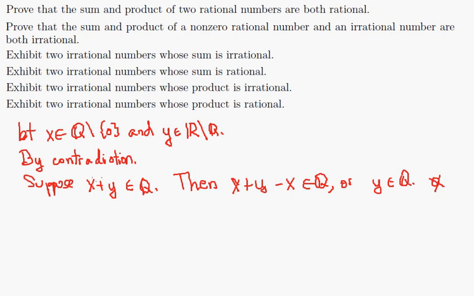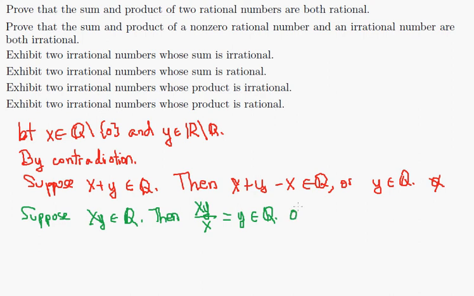For the second part, let me do this in a different color. Suppose that x times y is rational. Then if I divide, because Q is a field, and I'm dividing by something other than 0, then the quotient must also be rational.